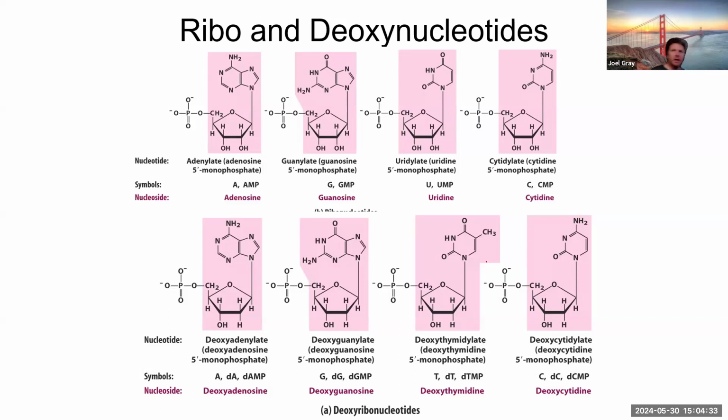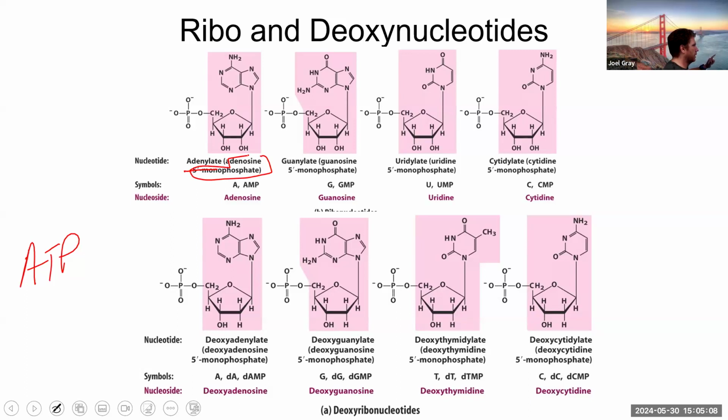So when it comes to naming, if I'm talking about a molecule of ATP, implying that my phosphate group is on the 5' carbon, I'm actually not going to say adenylate. What I'm actually going to say more times than not is adenosine 5' triphosphate. So adenylate indicates that you have an adenosine and you have at least one phosphate.